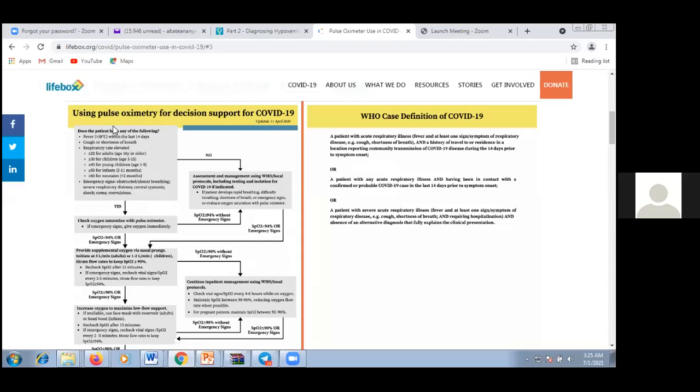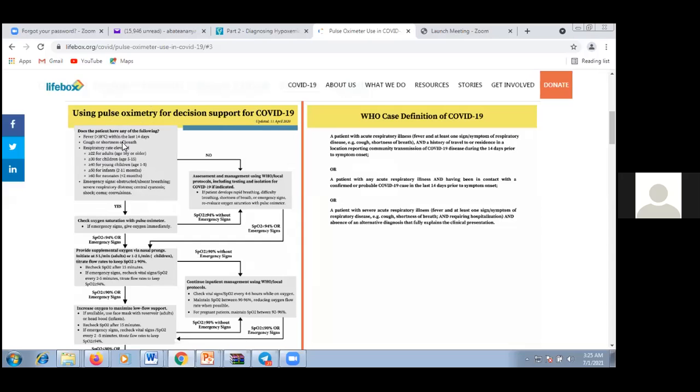And as it's described in the video, the first thing, whether to use Pulsox or not, depends on the indication. So these are indications to apply pulse oximeter and try to see if the patient is hypoxic or not. The indications are like having fever within the last 14 days, cough or shortness of breath, and higher respiratory rate.